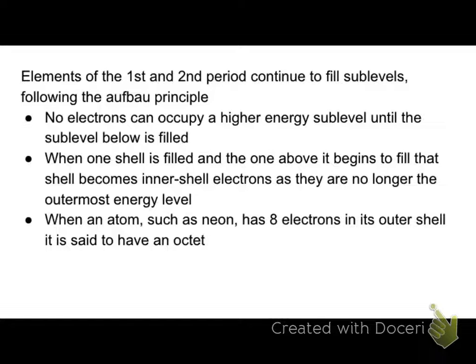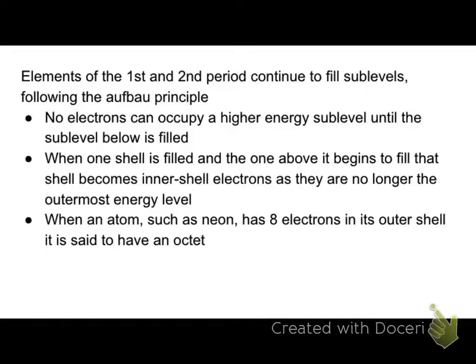So if you look at neon, neon would put 2 of its electrons in the 1s orbital, 2 of its electrons in the 2s orbital, and 6 of its electrons in the 2p orbital. So that outer energy level, the 2 energy level, n equals 2, is full. Right? The s orbital and the p orbital, which are the only orbitals in that shell, are full. So it has 8 in its outer shell, and it is having an octet.